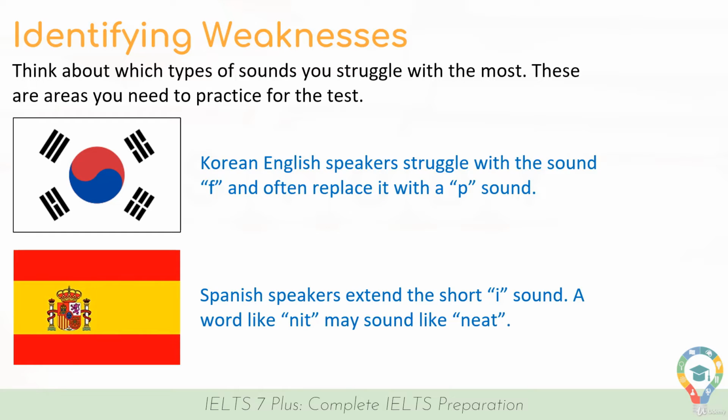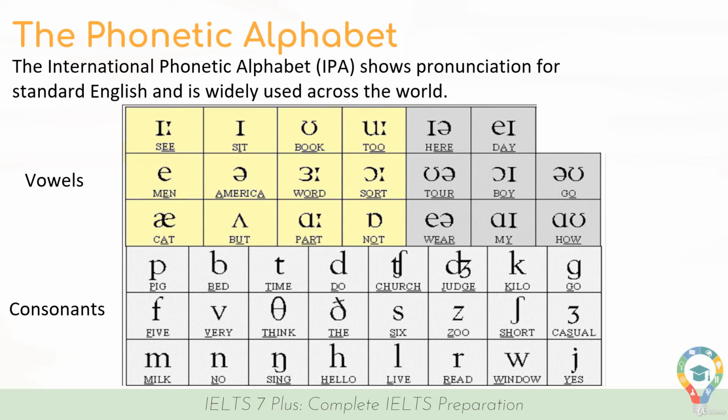I'm now going to show you a resource which should help you learn how to speak standard English, and it is called the phonetic alphabet. I'm aware that some of you may already use this resource, and if you are, that's brilliant, but if you are currently not aware of it, it's definitely something that you can use to help study for pronunciation. So the International Phonetic Alphabet shows pronunciation for standard English, and it is widely used by teachers and students across the world.